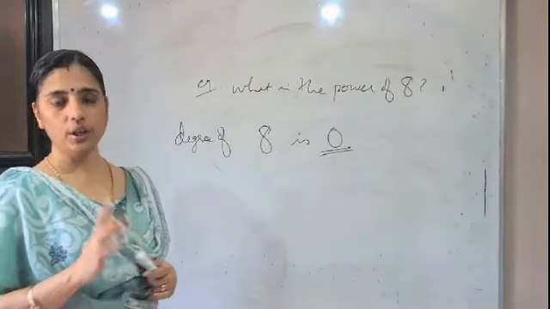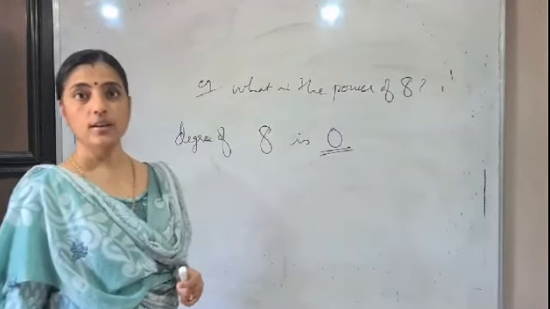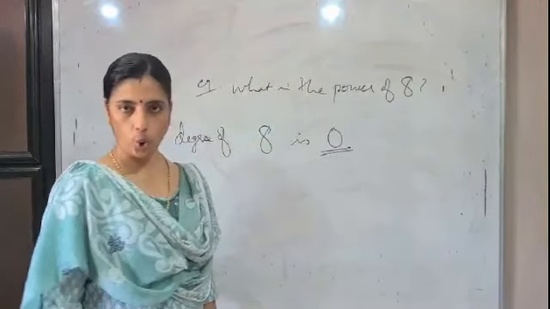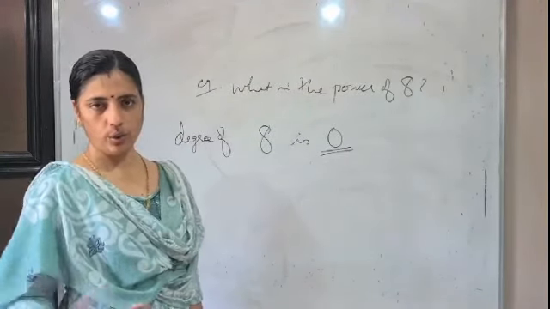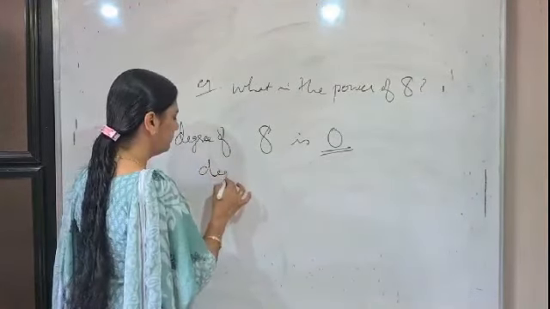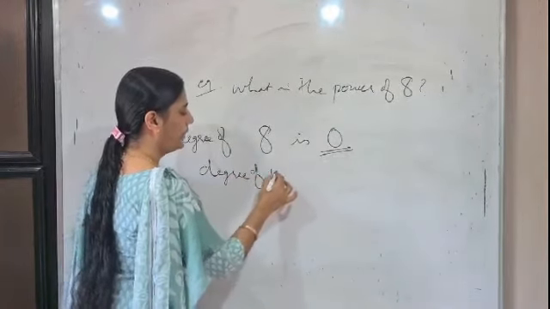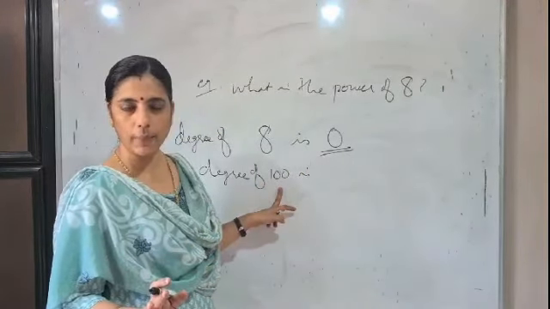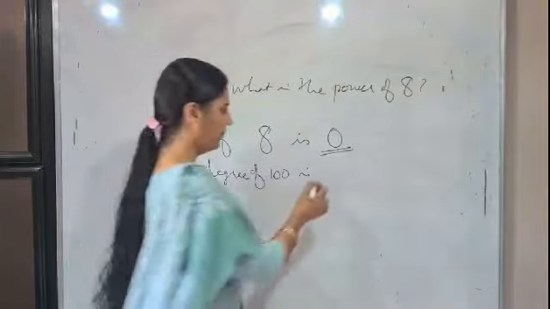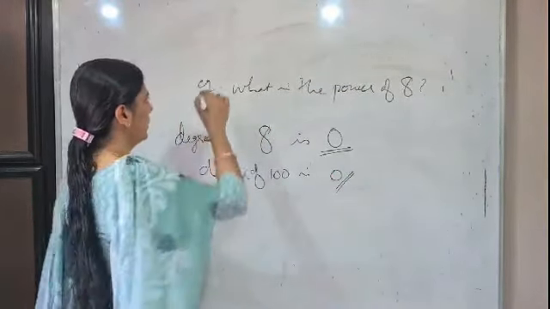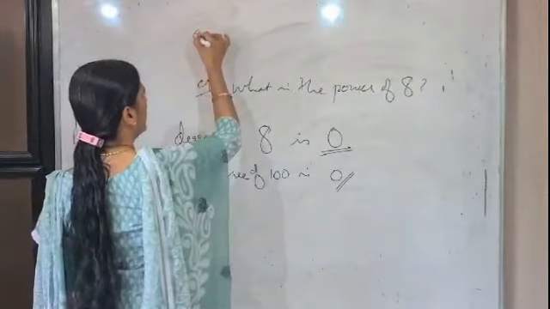So all constants have degree 0. I don't know whether you have studied this in earlier classes. What is the degree of 100? 100 is a constant number. There is no variable. So the degree is 0. Got it?